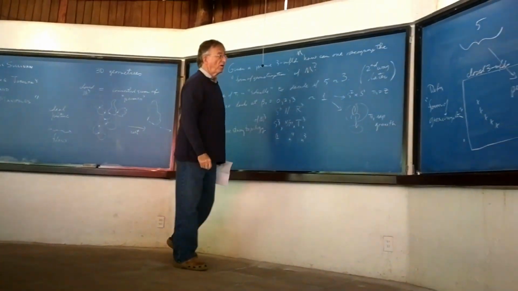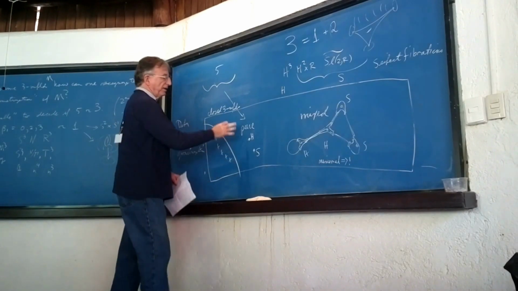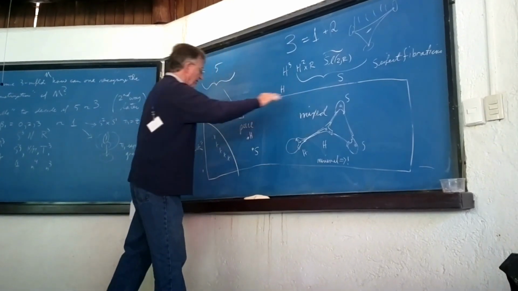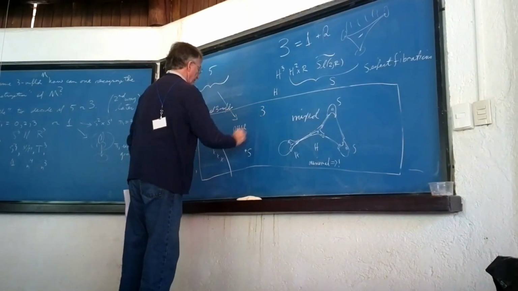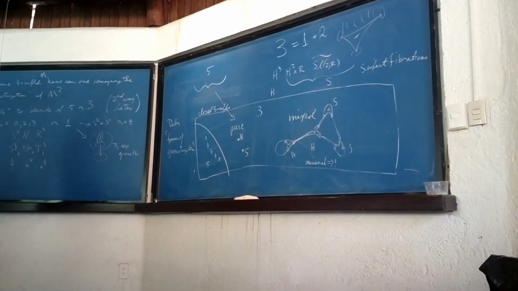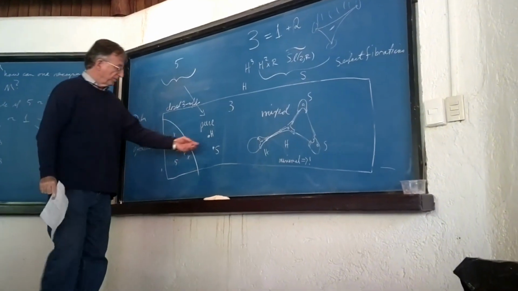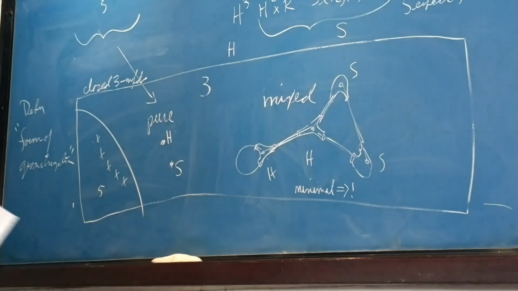Try to see what the form, so we eliminated these now, so we're in this case. This is the 5 case, the 3 case. So we want to see whether it's a pure hyperbolic manifold, a pure Seifert manifold, or it has a graph like this.